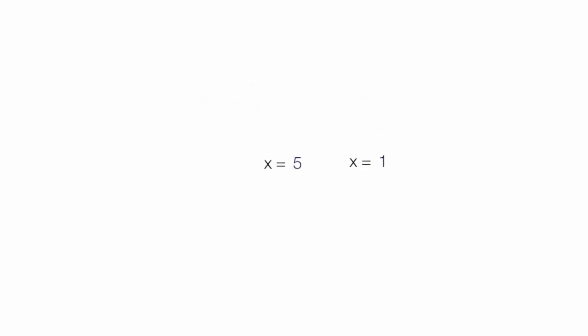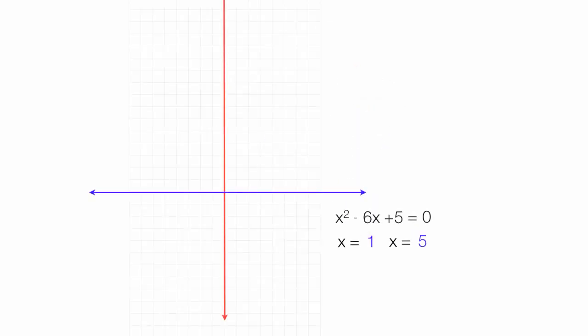So now, if I go back to where I started and draw my graph back in, these are the 2 x values where the graph crosses the x-axis. It crosses when x is 1, and also when x is 5. The vertex is when x is 3 and y is -4.